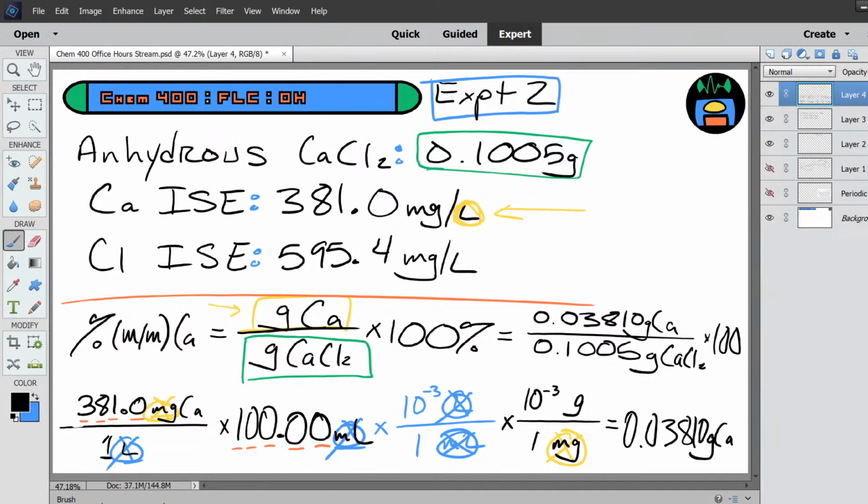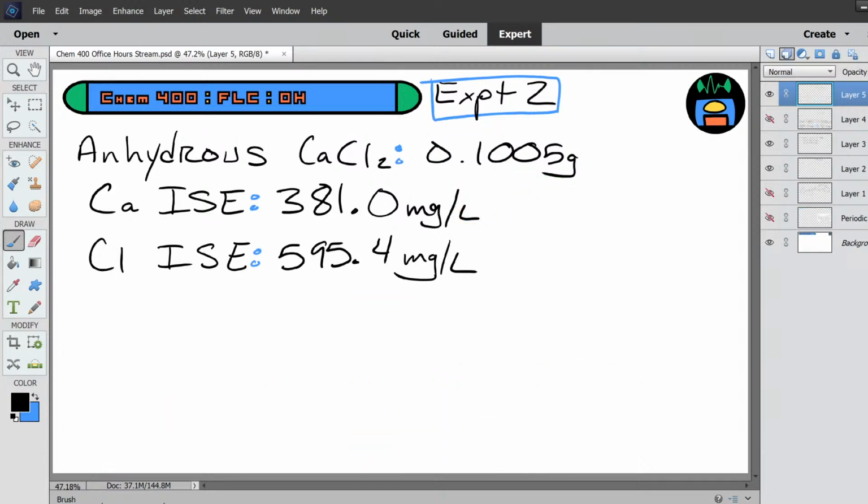Okay, so we can crunch now our numbers. 0.0381 divided by 0.1005 times 100. Okay, so we're getting for our percent of calcium from our data is equal to 37.91%.